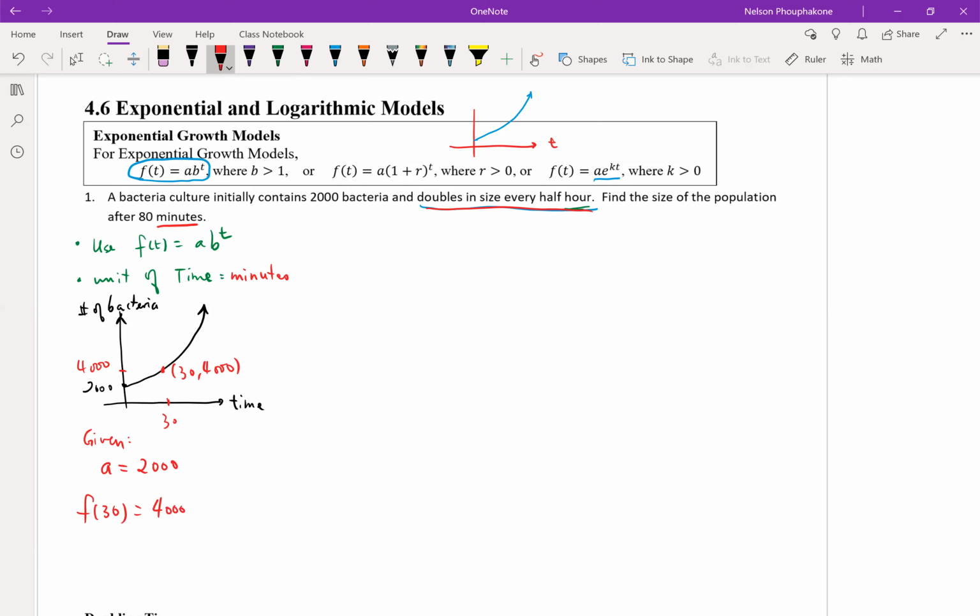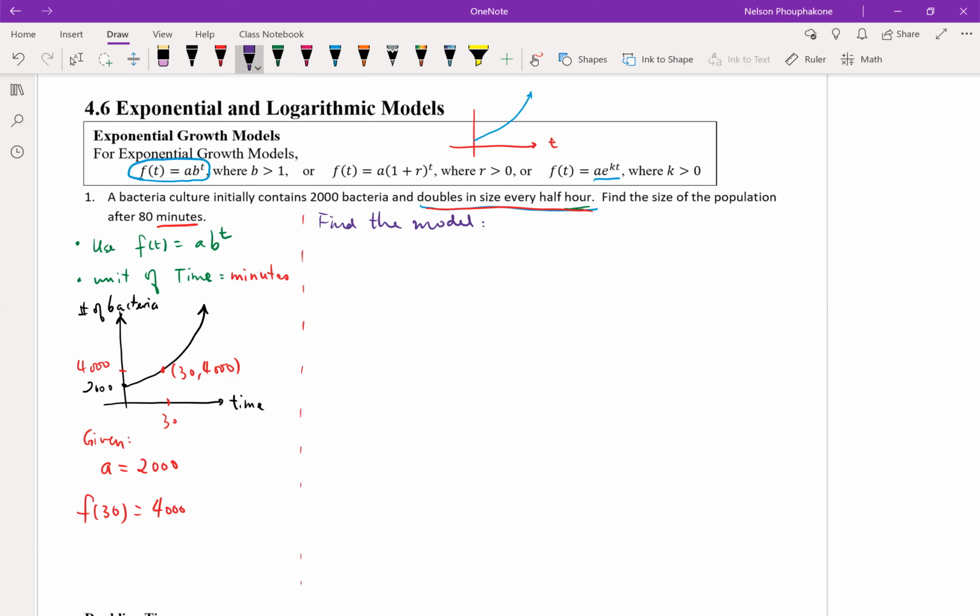Now it seems we go back to the earlier section, chapter 4. I have some given information, and I will be able to find the model. Remember, finding a model basically means we would like to create a function.